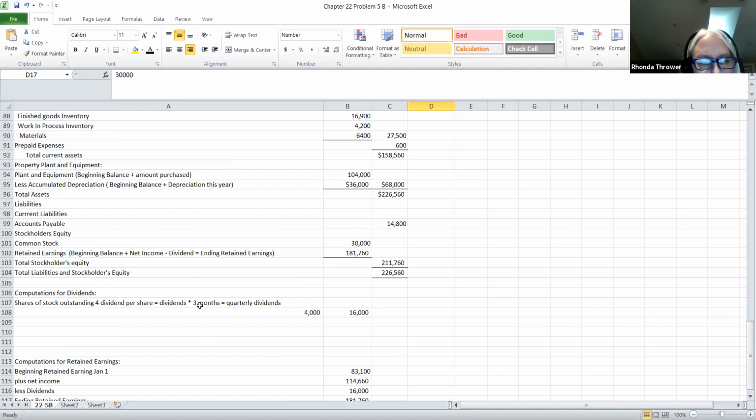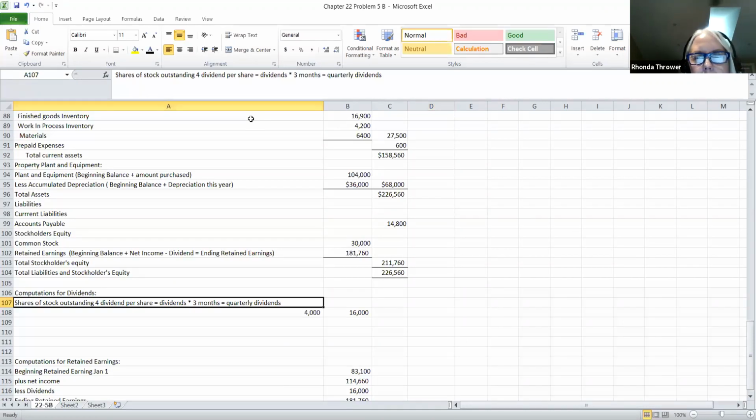And unfortunately, I see a mistake that I've got in here. So bear with me just a minute. Let me change this to, there's 4 months in a quarter, not 3. So that needs to be changed to 4 months.